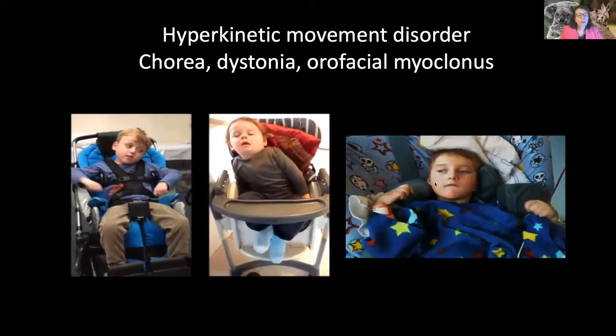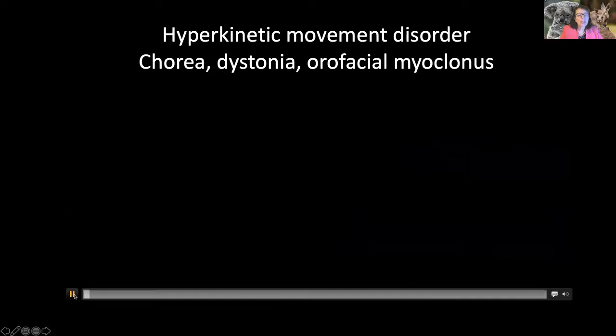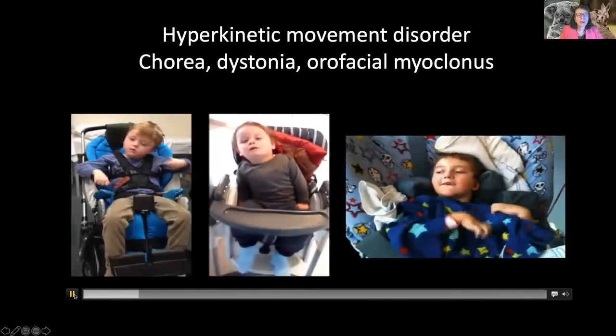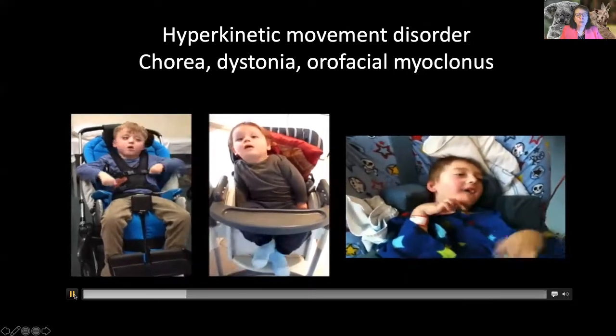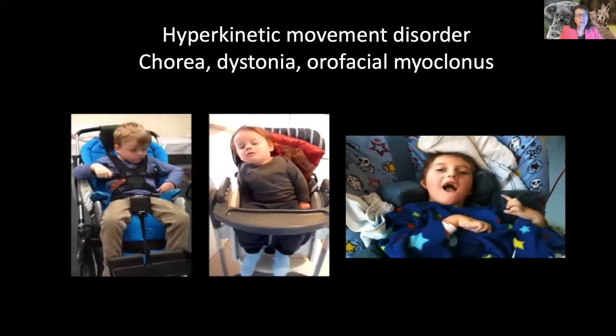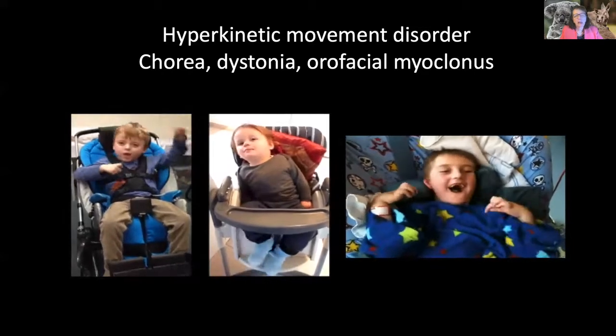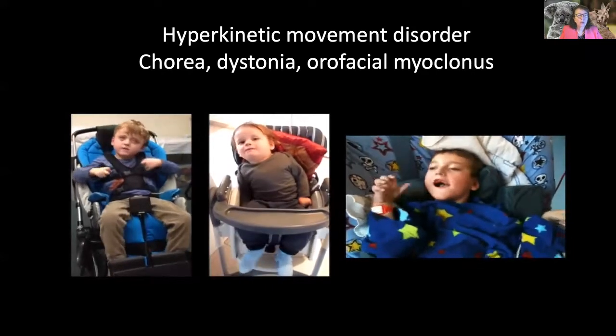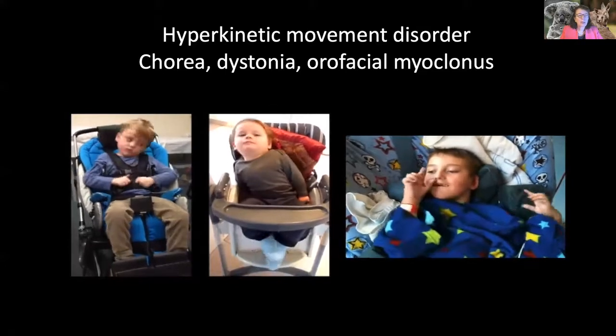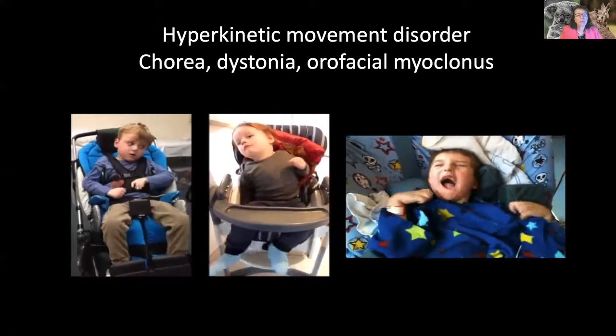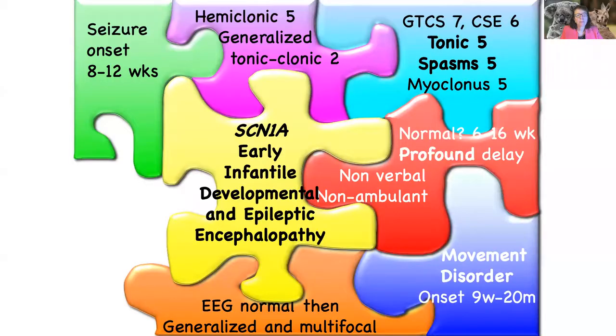The other thing to bring your attention to is they have this very unusual mouthing, which is an orofacial myoclonus and dyskinesia. So a very unusual movement disorder that helps to differentiate this particular syndrome from Dravet syndrome.